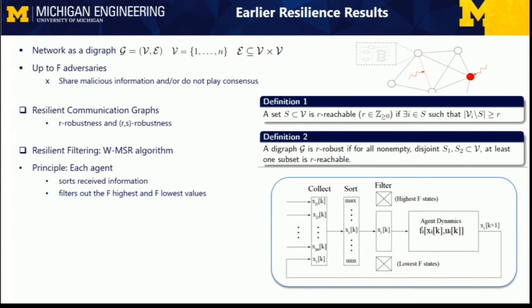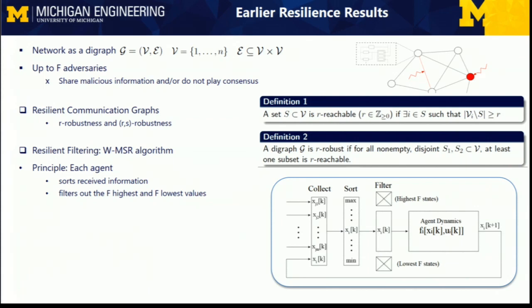So people have studied what would be necessary and sufficient conditions on the topology of the graph over which the agents coordinate, and they have come up with a notion of R-robustness and RS-robustness. With R-robustness, we essentially mean that a graph is going to be R-robust if you take all possible disjoint sets, and you have R incoming connections to each one of the sets from agents that are outside the set.